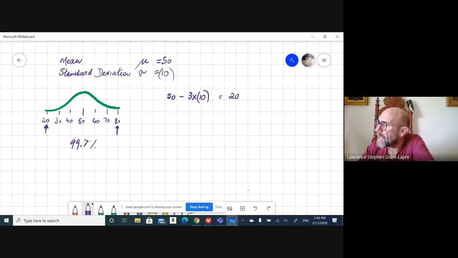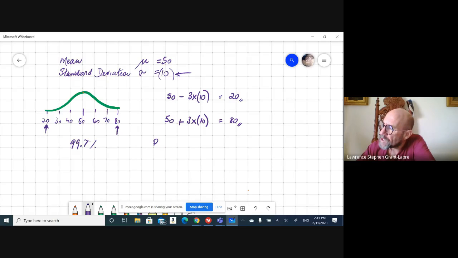Well, we get 20 and 80 from going down 3 of these and up 3 of these. 3 tens are 30. So if we go down 30, we get to 20. If we go up 30, we get to 80.